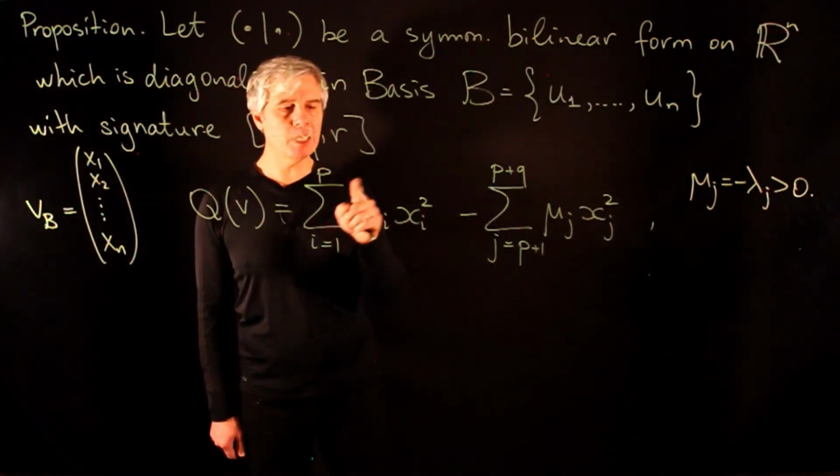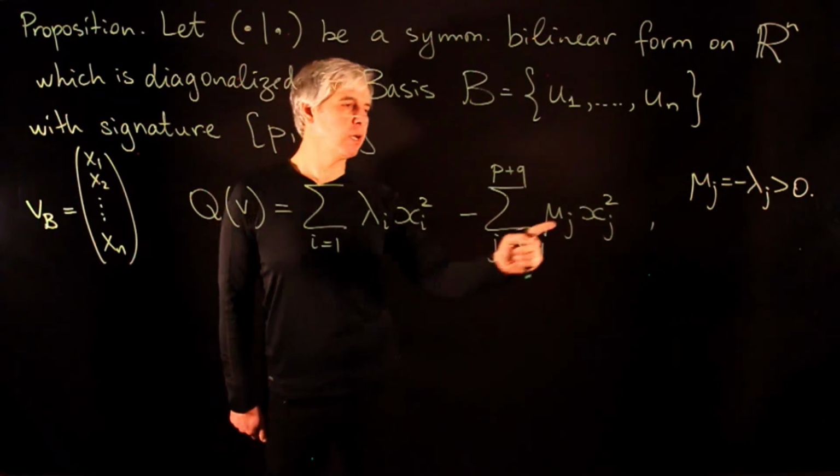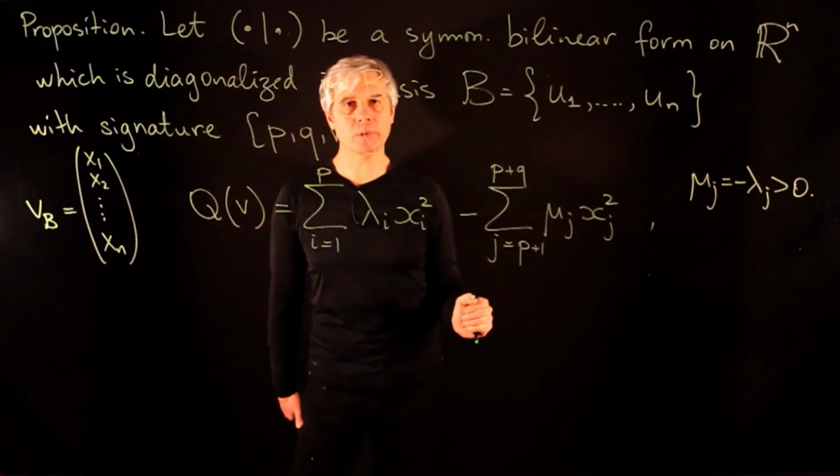So we have p positive eigenvalues and q negative eigenvalues.